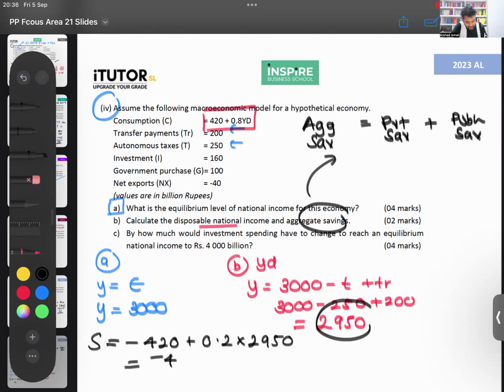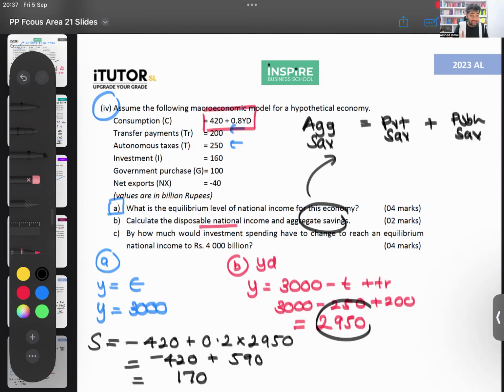Minus 420 plus 0.2 into 2,950. Is 170 the final answer, or is it 0.2 into 2,950? How much is this? 0.2 into 2,950 is 590. So minus 420 plus 590, you get private savings.